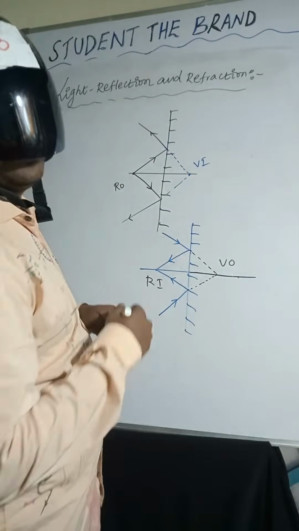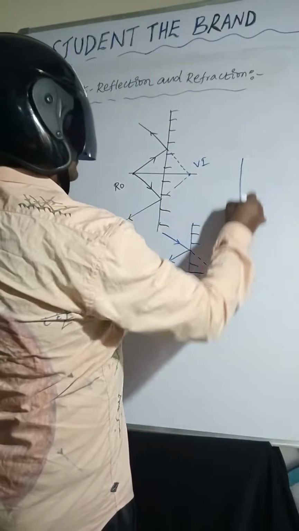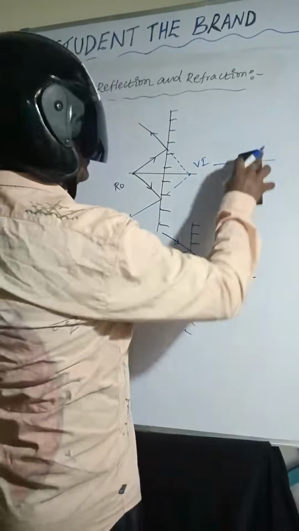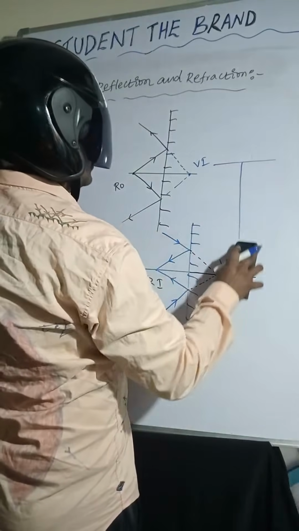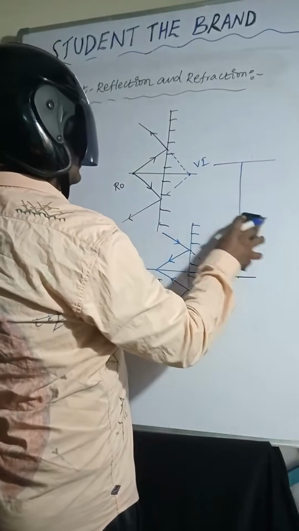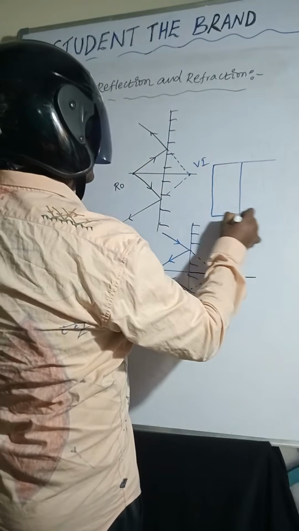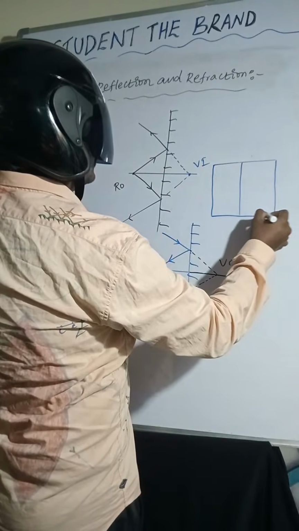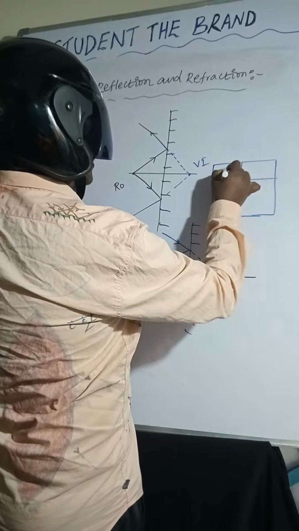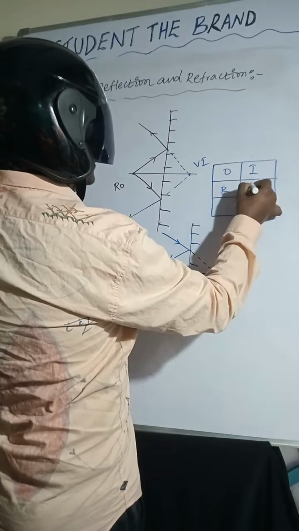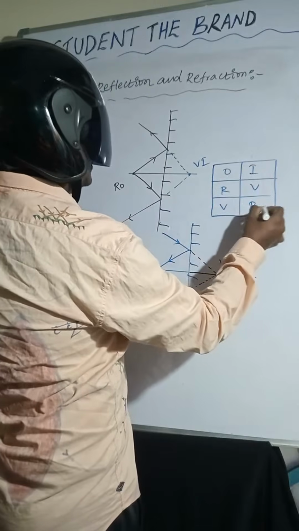Now see here, object and image. Object is real, image is virtual. Object is virtual, image is real.